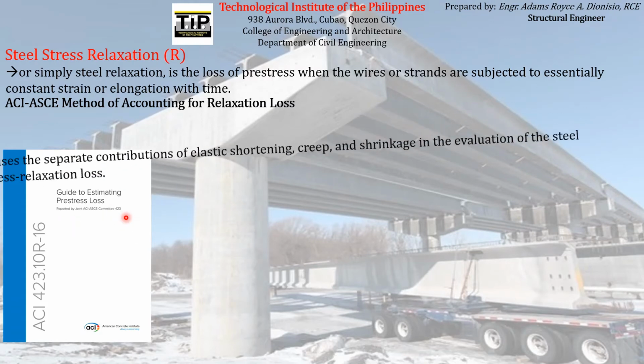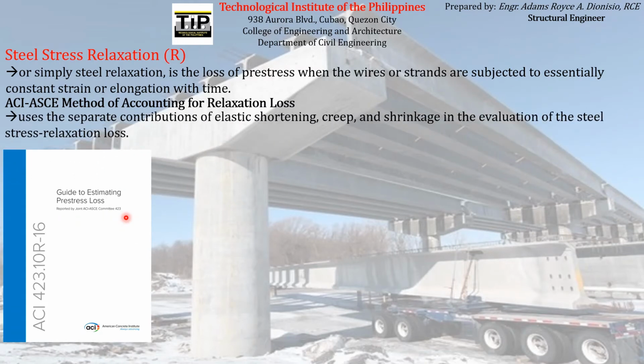So the particular provision for computation of pre-stress loss due to steel relaxation uses the separate contributions of elastic shortening, creep, and shrinkage in the evaluation of the stress relaxation loss.